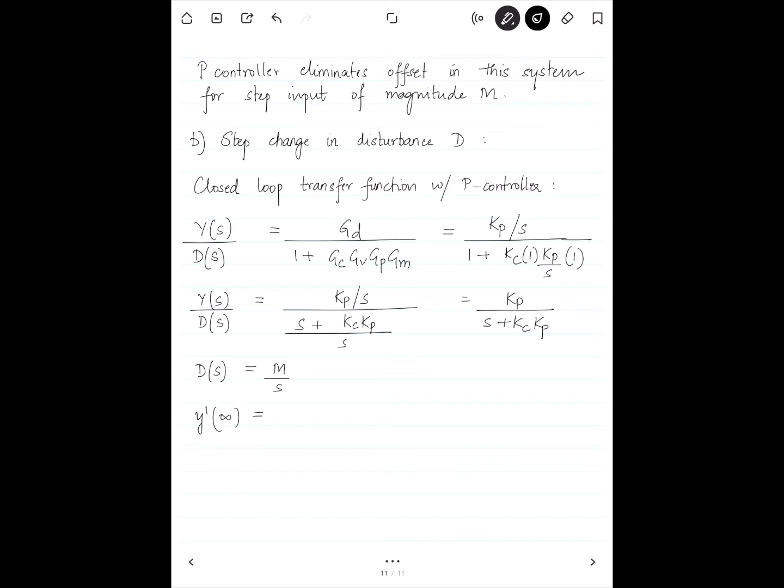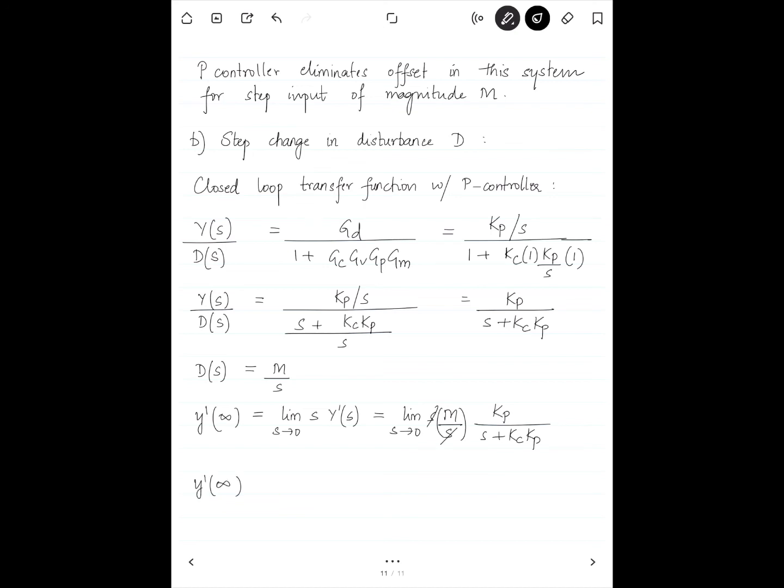And we have the response of y at infinity equals, use the same final value theorem in order to get limit s tending to 0 times s times m over s times Kp over s plus Kc Kp.